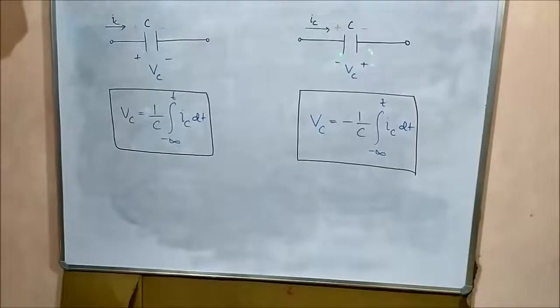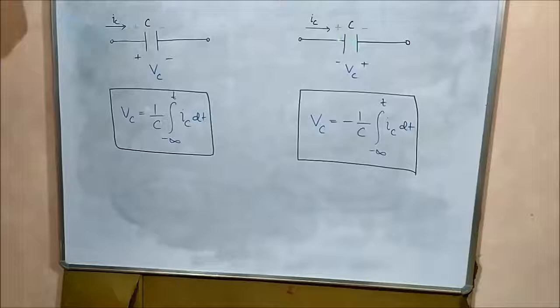In this case, the current flows through the capacitor in the same direction, from positive to negative internally through the capacitor. We cannot change that. It is always constant because the capacitor is absorbing power. But here, the voltage is measured in the opposite direction, from positive to negative, from right to left.